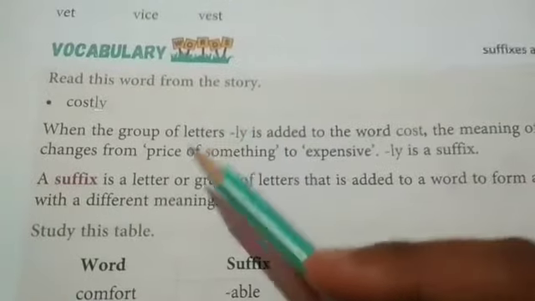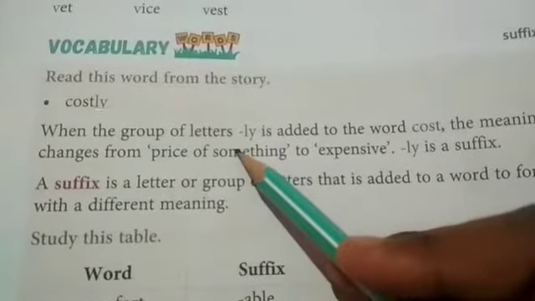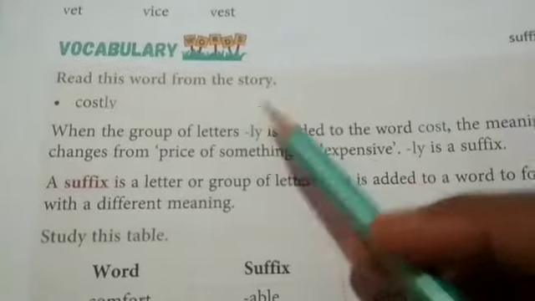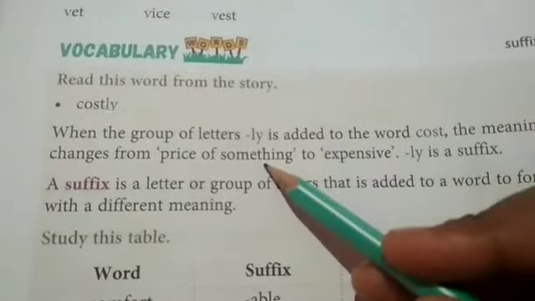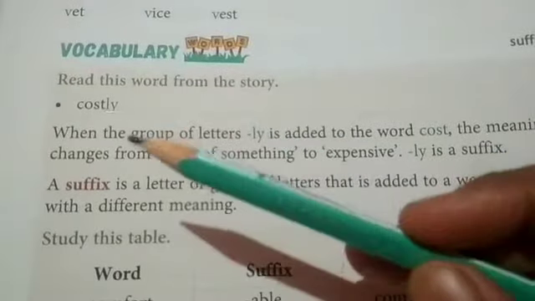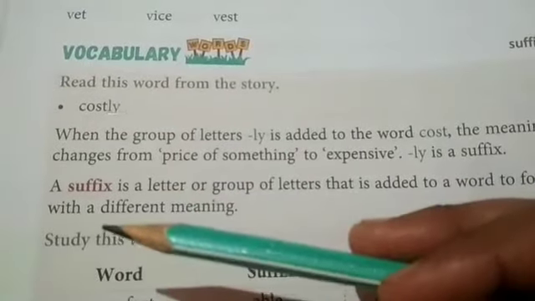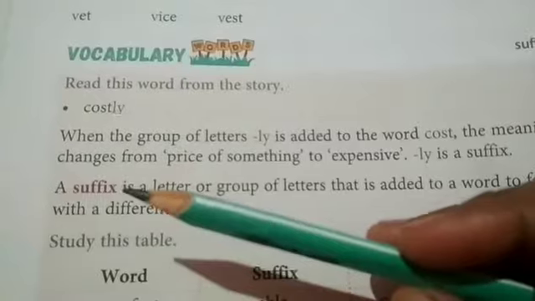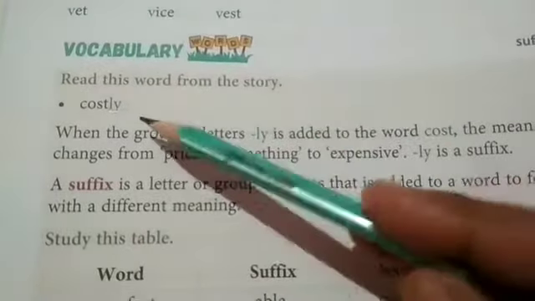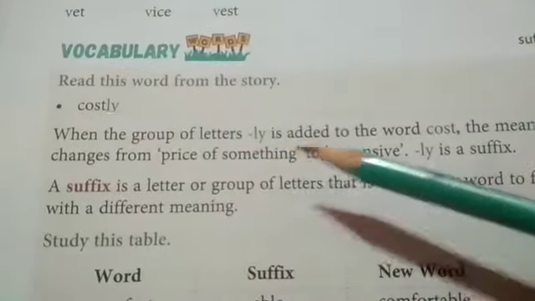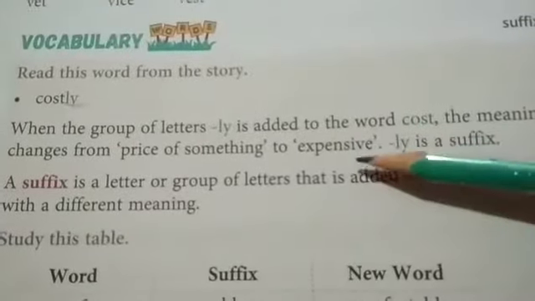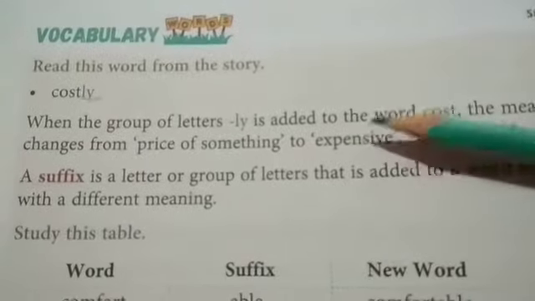So cost, what do you mean by cost? The cost or the price of something. Like I have a pencil, this pencil costs 15 rupees. This is the cost. And if we add ly, costly means expensive, महंगा जो बोलते हैं.